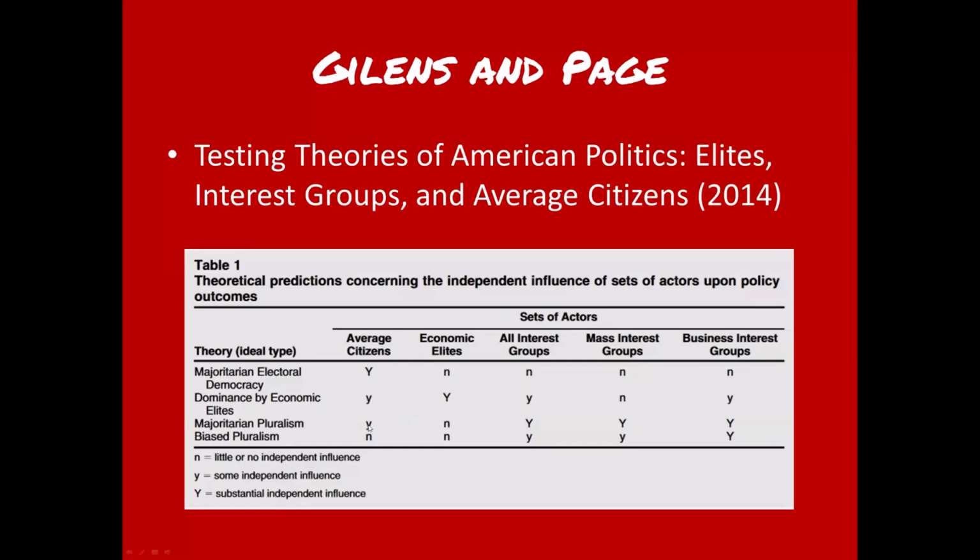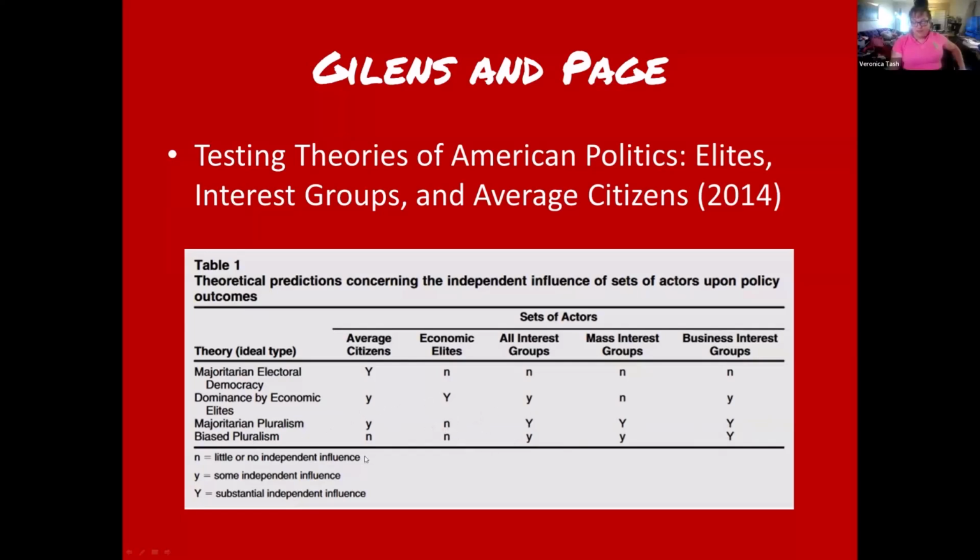You have majoritarian pluralism, where the average citizen has that little bit of influence, but all interest groups have major influence, not none or little by economic elites.